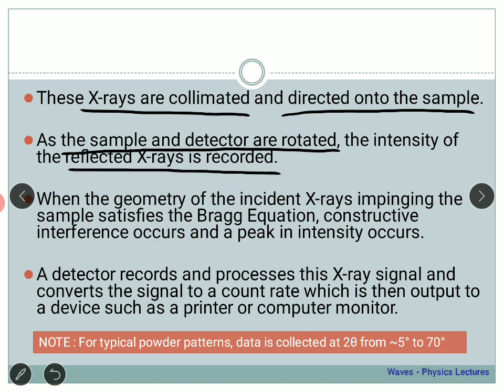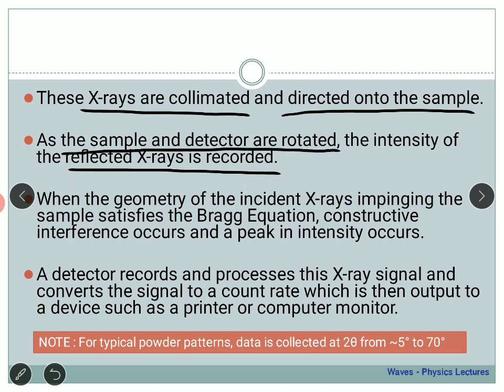Now in some cases the detector is rotated, sample is rotated, but the source is kept fixed. Okay, and that we will see in the next few slides. But right now we have to understand that we need to rotate the sample in order to find out all the possible planes, and the detector is also rotated at certain specific angles to capture the diffracted X-rays which are coming out from the sample.